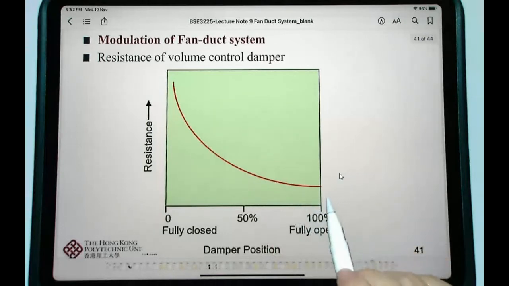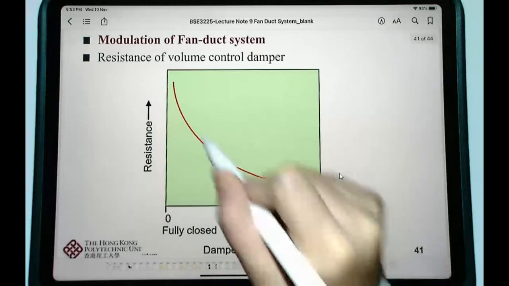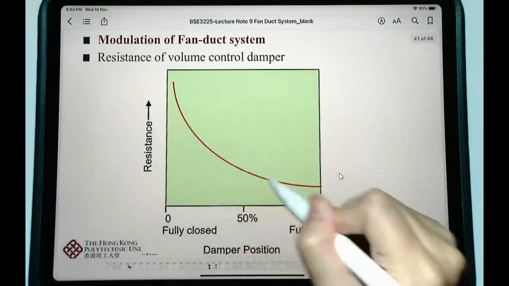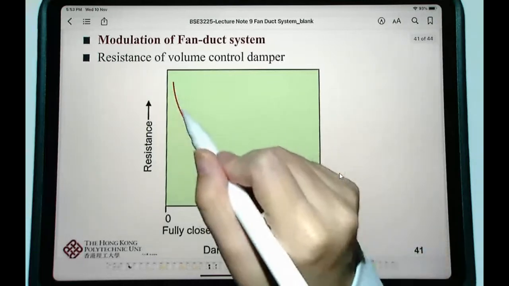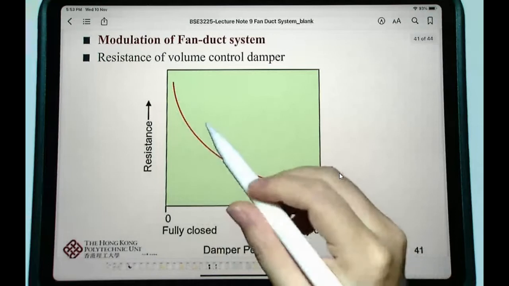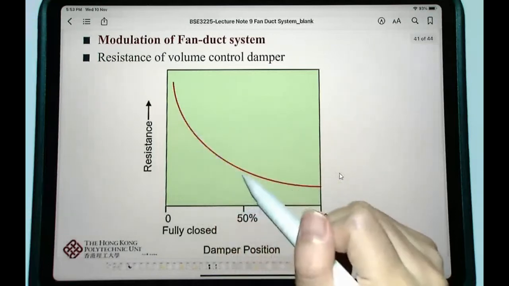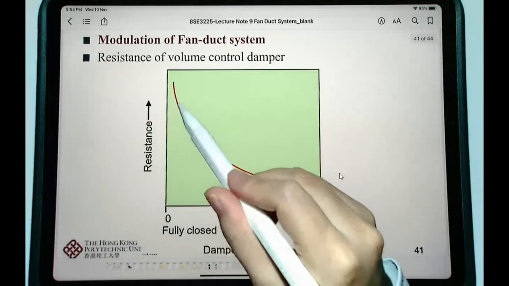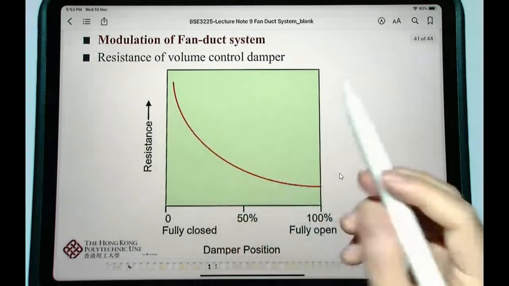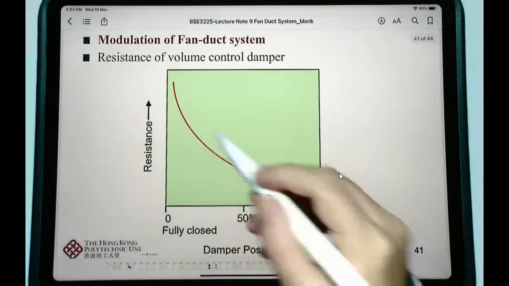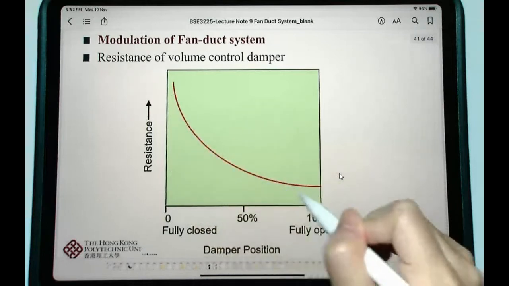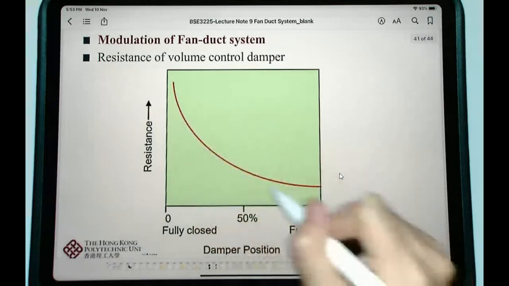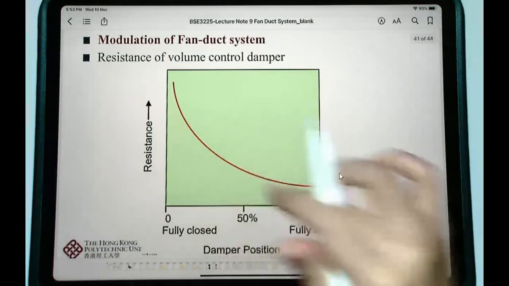So this is the volume control damper. For this kind of modulation method, it cannot modulate the operating point that precisely, because the damper resistance is really difficult to control and to locate.